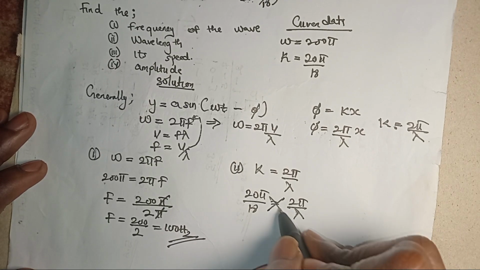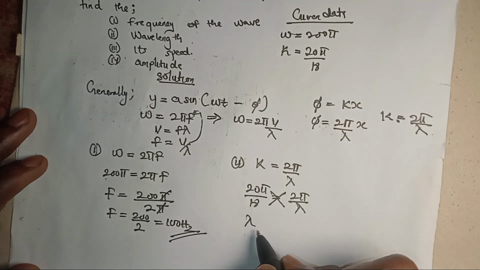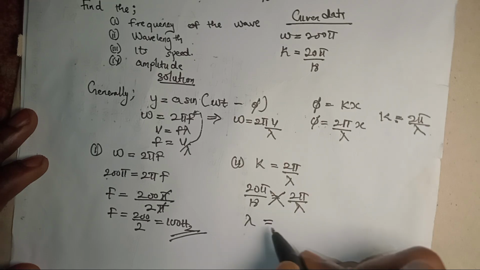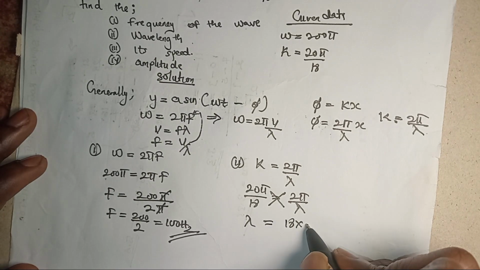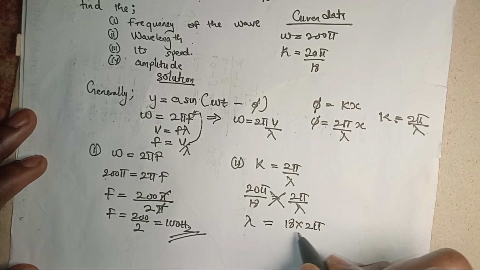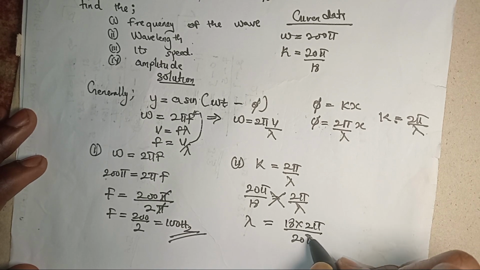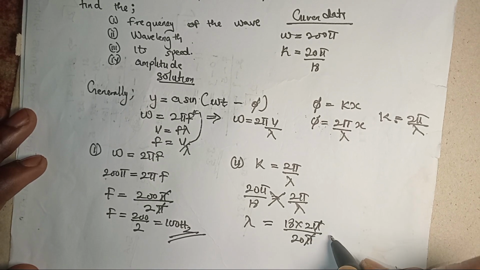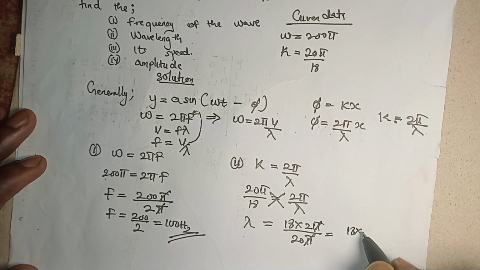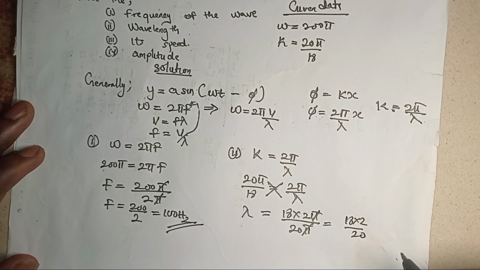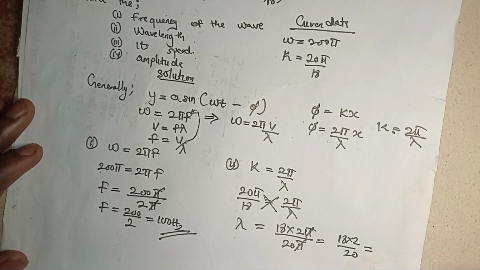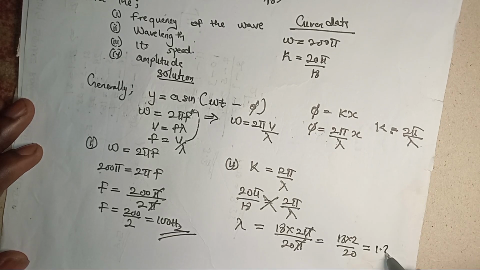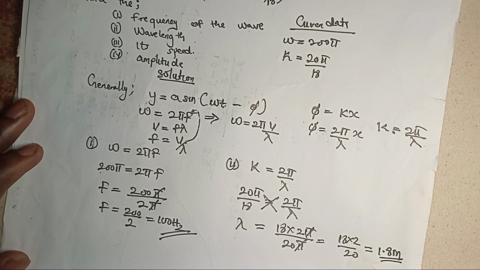If you cross multiply, making λ the subject, which is the wavelength we are looking for, you get 18 multiplied by 2π upon 20π. The π cancels, so you have 18 multiplied by 2 divided by 20, which gives us 1.8 meters.